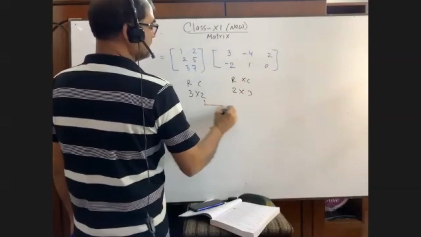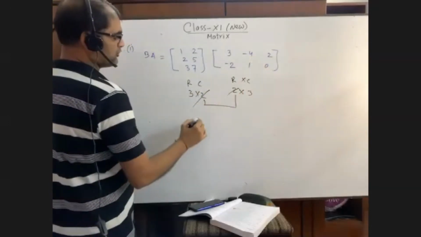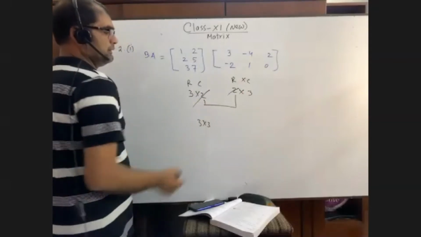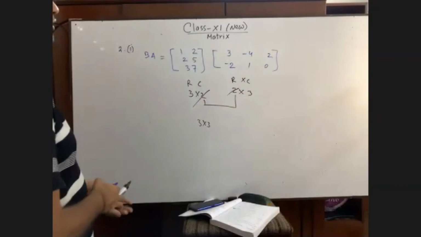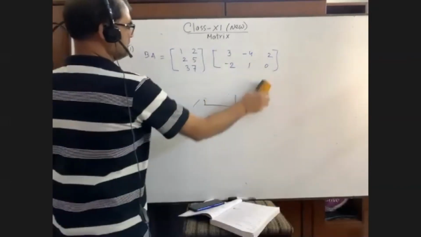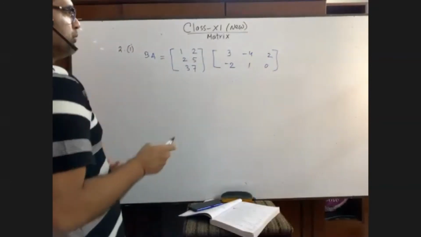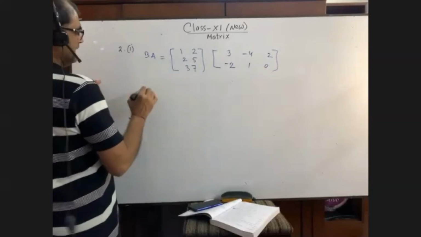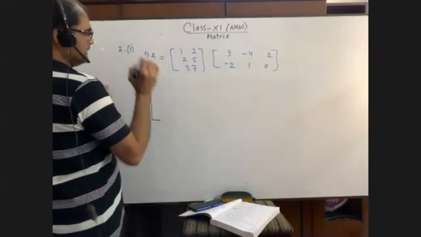You see, this is the same, so it will be omitted. We will get a new matrix of 3 by 3 order, this 3 and this 3. So BA is possible. Our answer: BA is possible. If it is possible, then good. We determined 3 by 3.